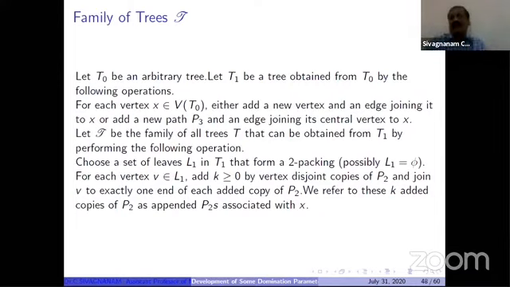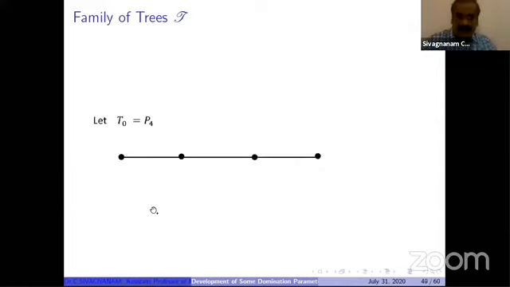So we get a new graph like that. Suppose I take one arbitrary tree; for easy purposes, I am taking P4 as T naught. What do I have to do? At each and every vertex of T naught, I add either one vertex or one P3. For the first vertex, I add one pendant vertex.